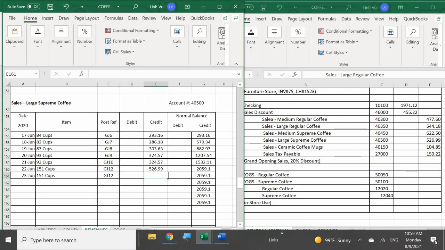And we sold another 526.99. Which then brings my account running balance to $2,586.09.